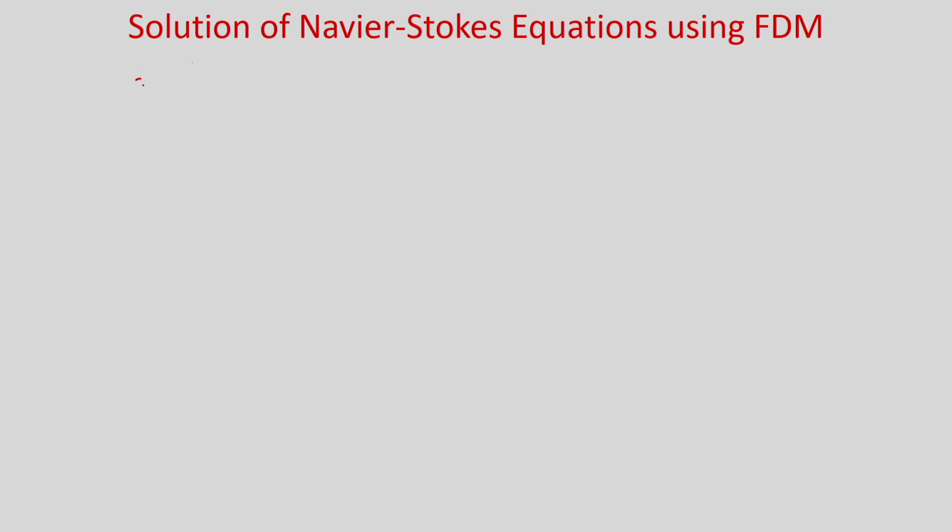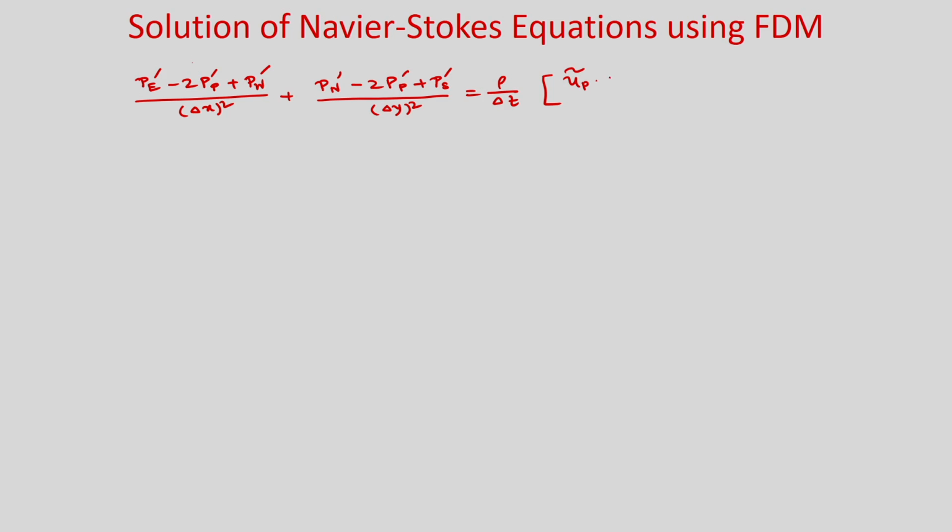So, you have (p_E prime minus twice p_P prime plus p_W prime) by delta x square plus (p_N prime minus twice p_P prime plus p_S prime) divided by delta y square, equal to rho by delta t times (u_P tilde minus u_w tilde) divided by delta x plus (v_P tilde minus v_s tilde) divided by delta y.